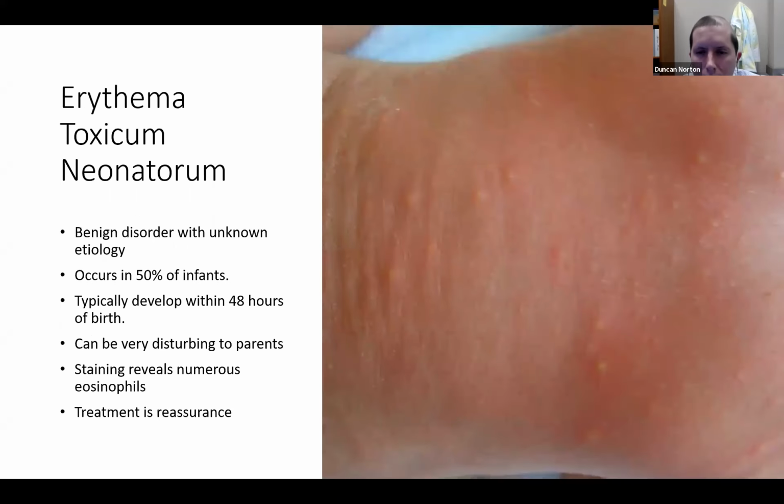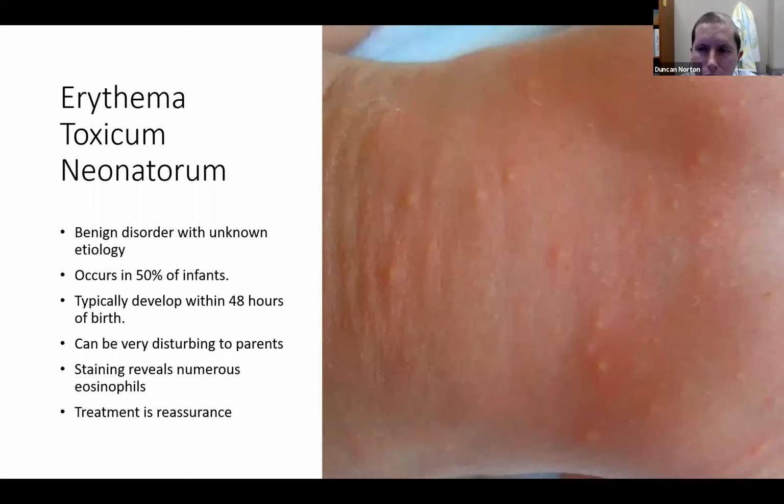And I say with the punch biopsy that you're going to have numerous neutrophils because in erythema toxicum neonatorum, if you do a punch biopsy of this, you're going to get eosinophils in this staining as opposed to the neutrophils before. This typically occurs within the first couple days after birth.